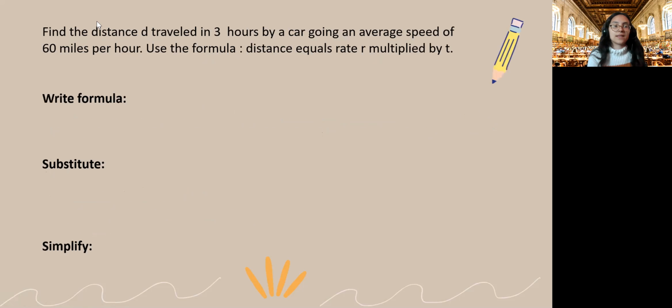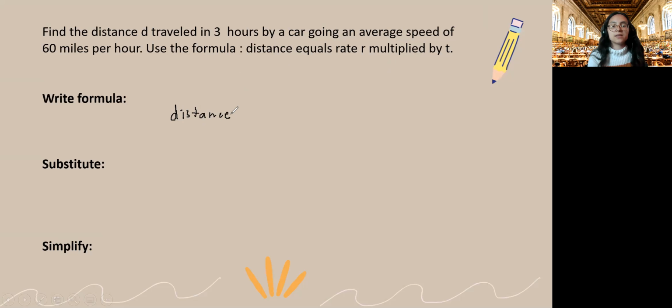Okay, so this is the exact same problem. We just gave ourselves a little bit more space so that we can be a bit more clear about what we're going to do. So for the first step, we're going to write the formula for distance. If you read up here, it tells us that r is the rate, d is distance, and t, I told you, was time. We can just write all of the words out so that it can be very clear.